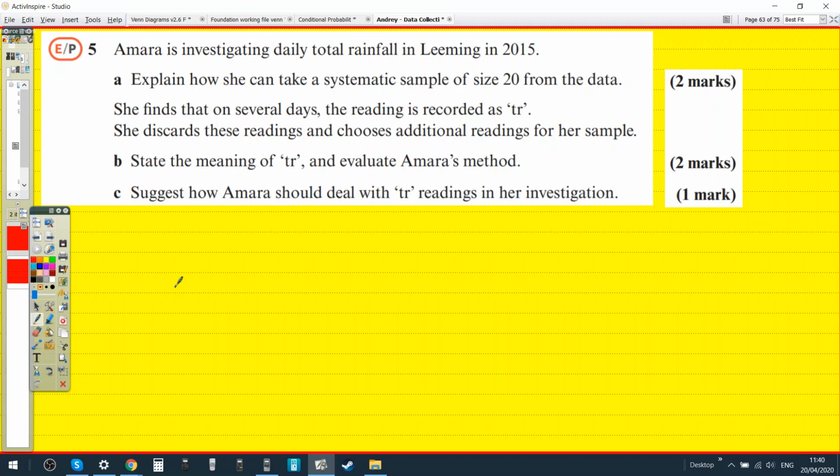How does she go about selecting them? Oh, could you do a random sample for the year? I'll just do 1 to 365 and then 20 random days. Oh no. So does that mean they have to be in a pattern or something? Yeah. Could you divide 365 by 20 and then take data every X amount of days?